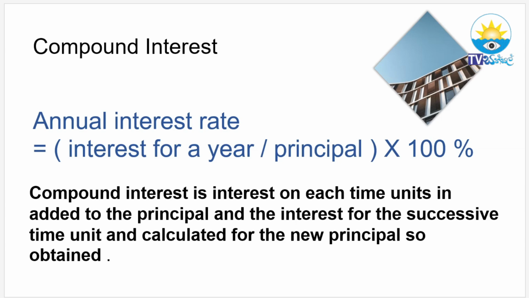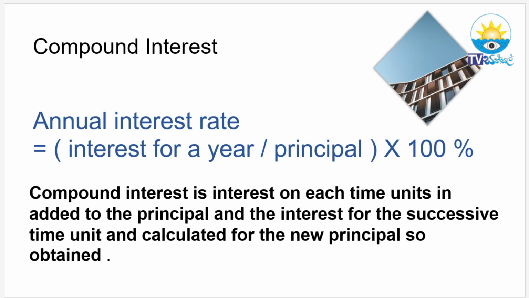Okay, children, what's the meaning of compounding? That is new matter. The addition of interest to the principal is called compounding, and calculation on the compounded amount is called the compound interest method. I think now you have got the idea of the new word compound interest and the meaning of compounding.